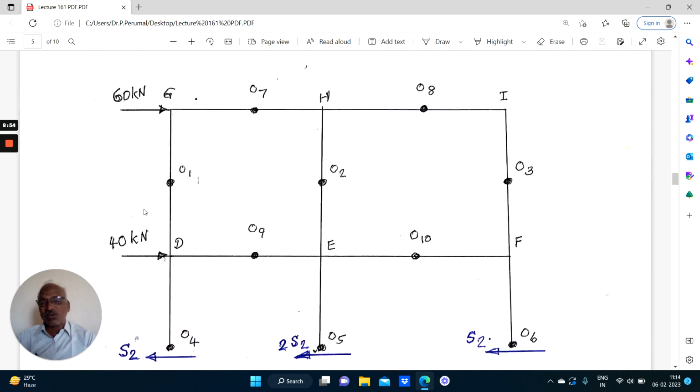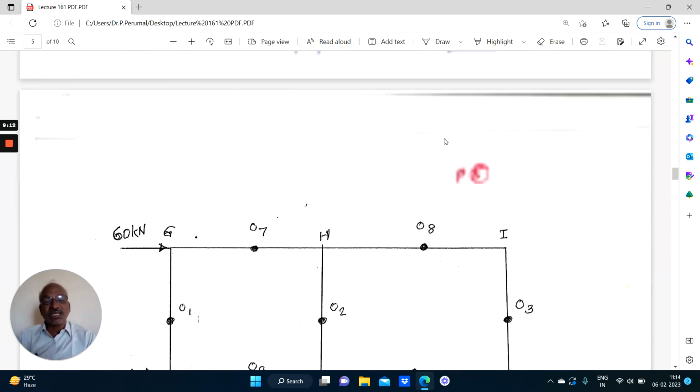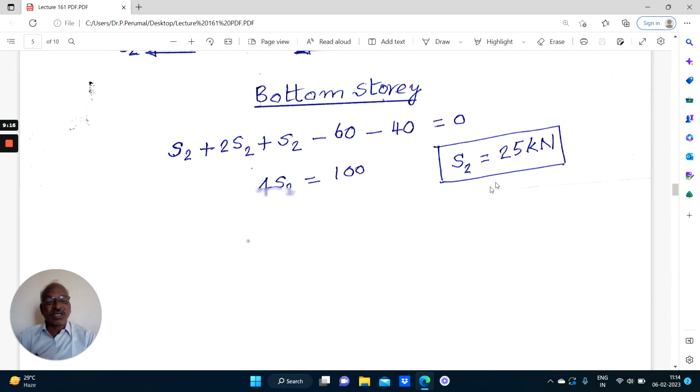There are two forces above the level of the hinge, 60 plus 40. So 4S2 equals 100. Therefore, S2 equals 25 kilonewton. So we have calculated shears at two levels, S1 and S2. So 10 hinges plus S1 plus S2 has made the structure completely determinate.